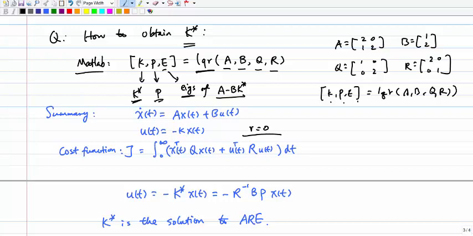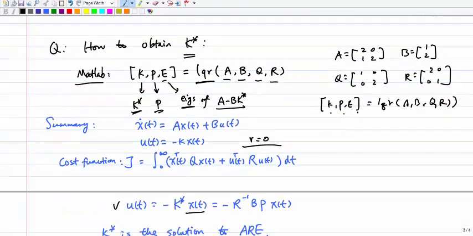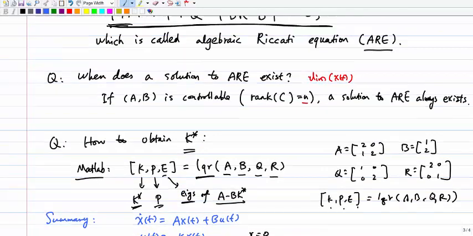My optimal control input u(t) is given by negative K star times x(t), where K star is given as mentioned previously: negative R inverse B transpose P x(t). And P is the solution to the ARE, the algebraic Riccati equation.